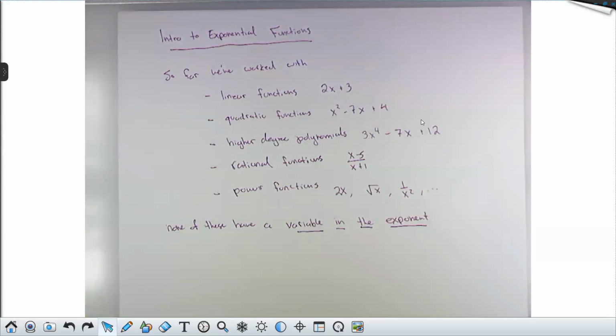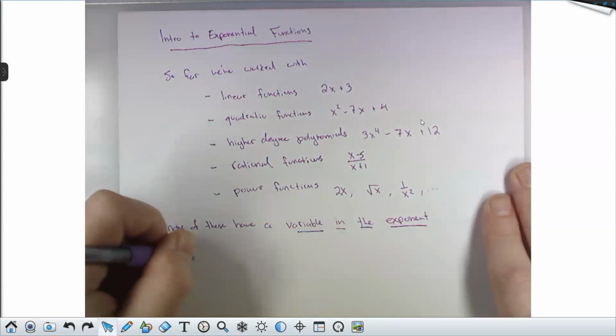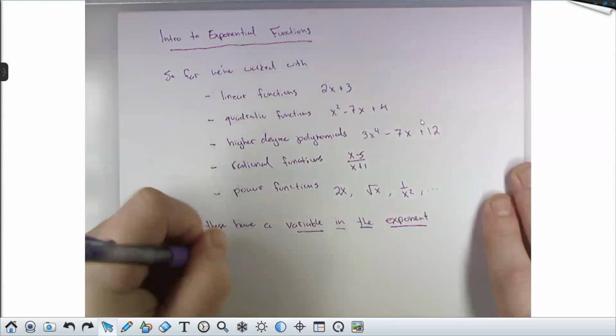Imagine you want a function that doubles every time x goes up by 1. Imagine the doubling function.